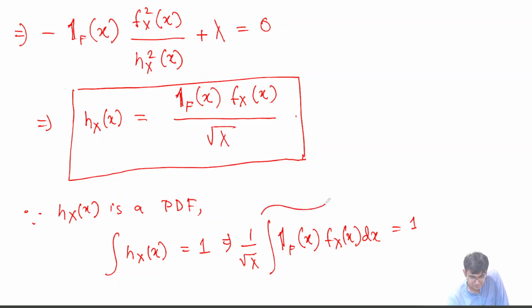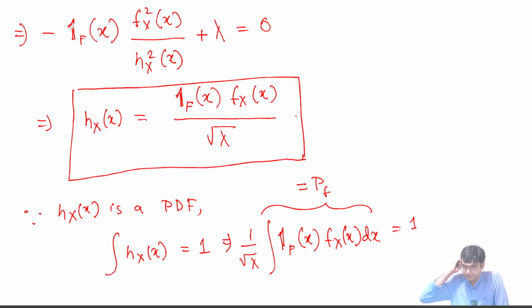This quantity is equal to PF, which means what is root lambda equal to? PF. Root lambda times PF is equal to 1. Root lambda is equal to PF.